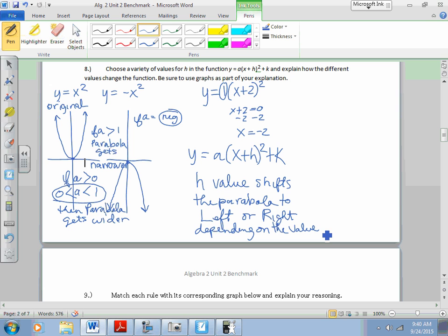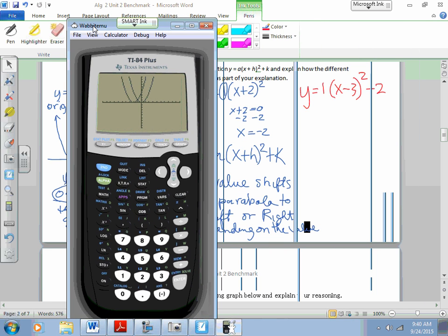All right. So then what do you think if I were to do this? Let's change it: y equals 1 times (x minus 3) squared, and then let's do minus 2. So go ahead and type that into the graphing calculator, the one that is red, okay? Now go ahead and delete the one that we're working on right now.